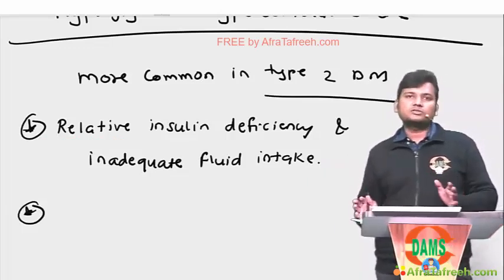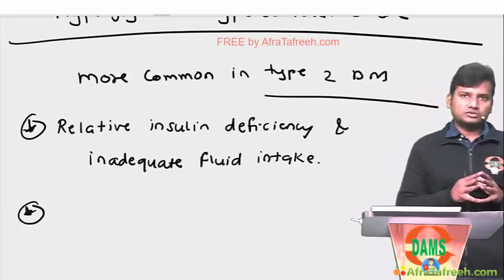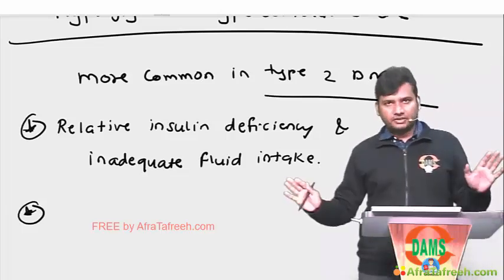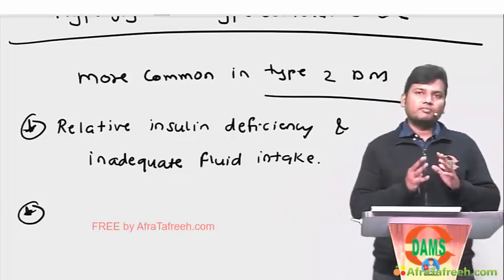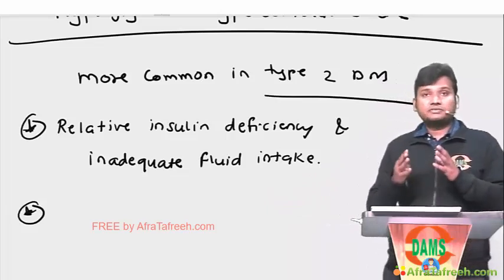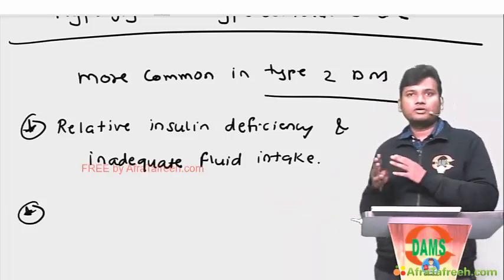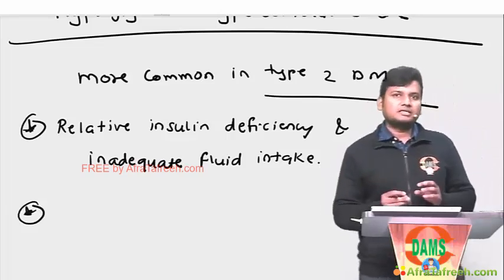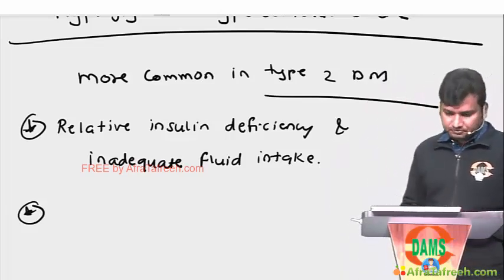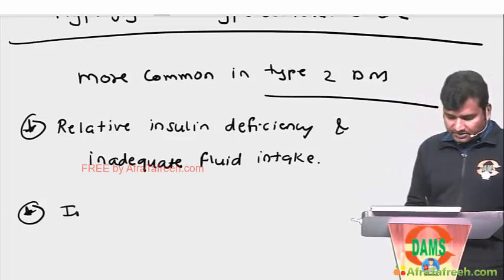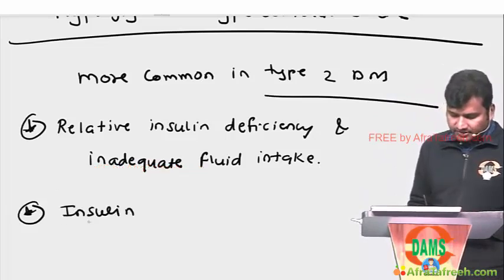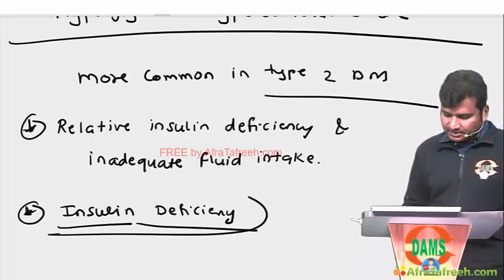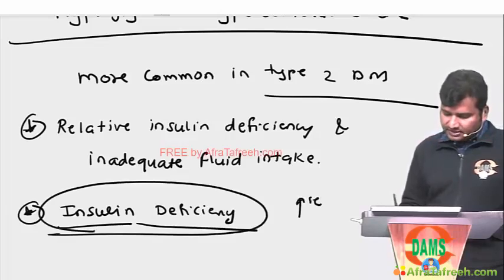Now the whole pathogenesis of diabetic ketoacidosis and HHS is completely the same. Only one very big difference is there, which is the absence of ketones. Now we will write some important lines from Harrison. Insulin deficiency is not severe, it is mild to moderate. And this insulin deficiency will increase hepatic glucose production.